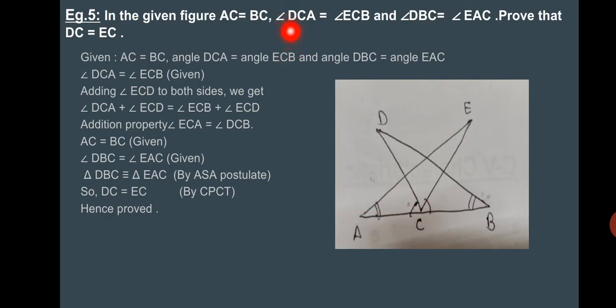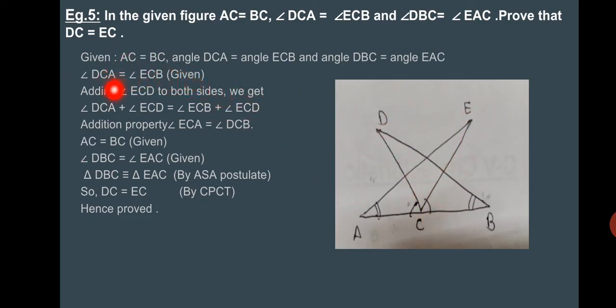Second, angle DCA = angle ECB, and angle DBC = angle EAC, means this angle is equal to this angle. Prove that DC = EC.